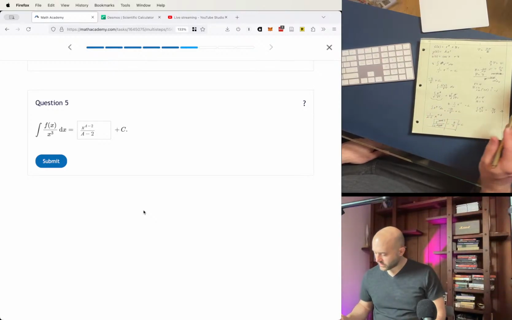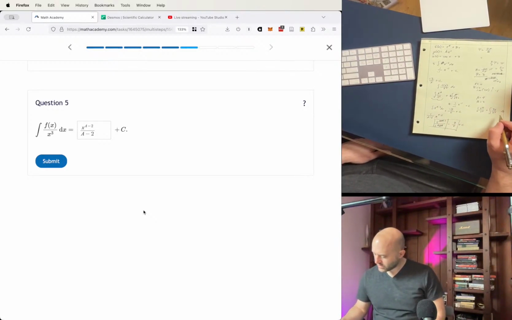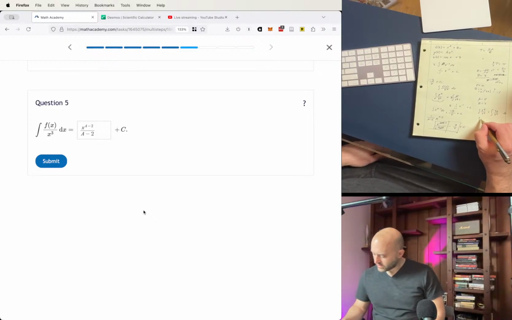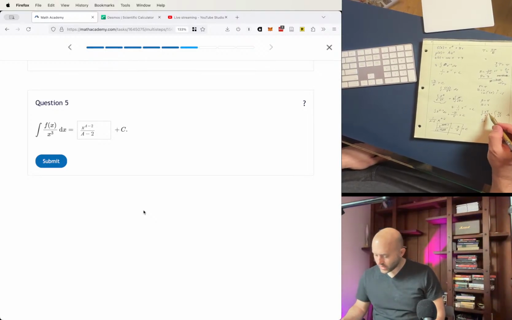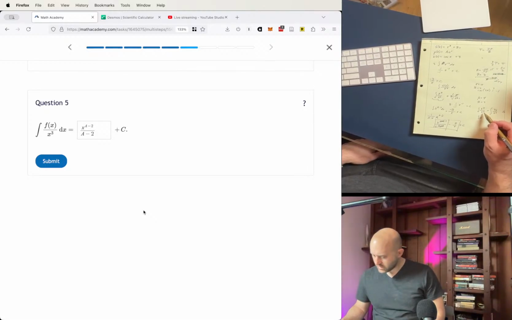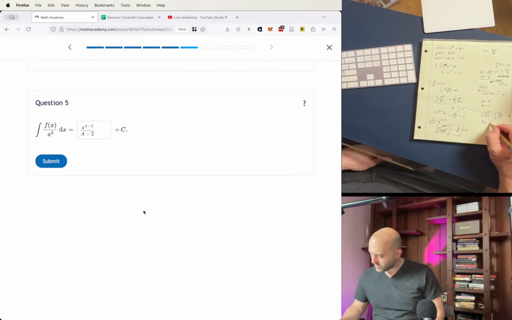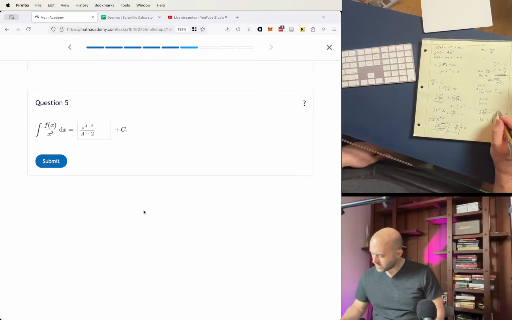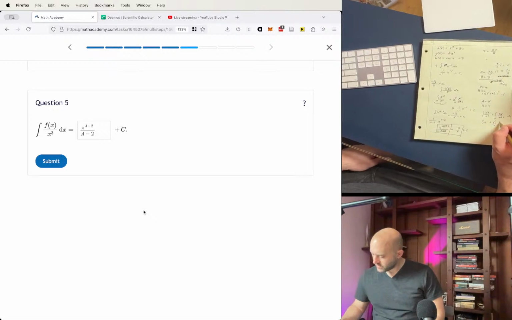F of x over x cubed. Let's do this. So this is the integral of x to the 4th over x cubed, which is x, plus, so this goes down to 2, 3 times x to the minus 2.